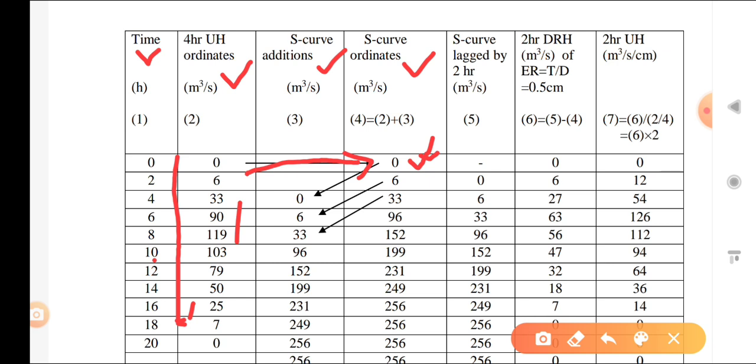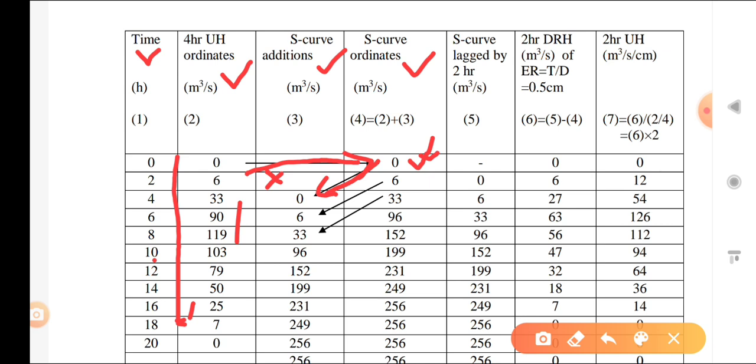What is the duration of the unit hydrograph given? 4 hours. So the 0 goes to the 4, not to the 2, because it is dependent on the given duration of the unit hydrograph, and S(t minus D) is always 0 for t less than or equal to capital D.